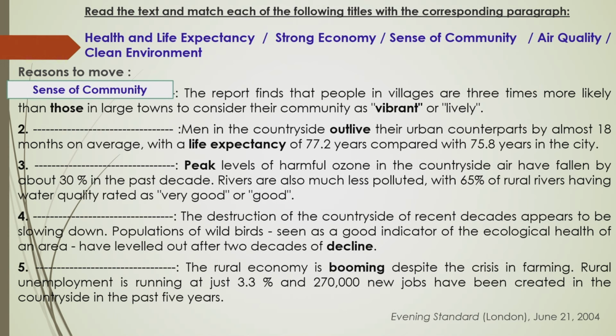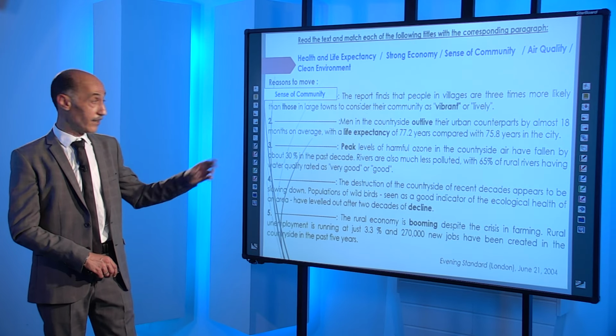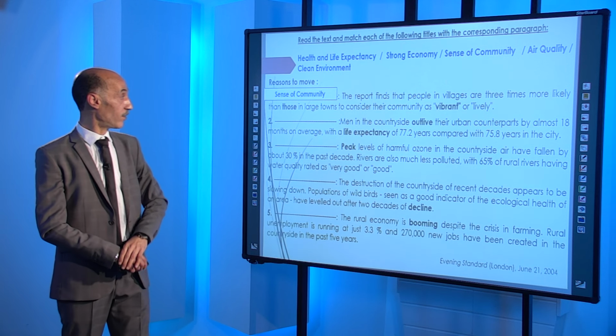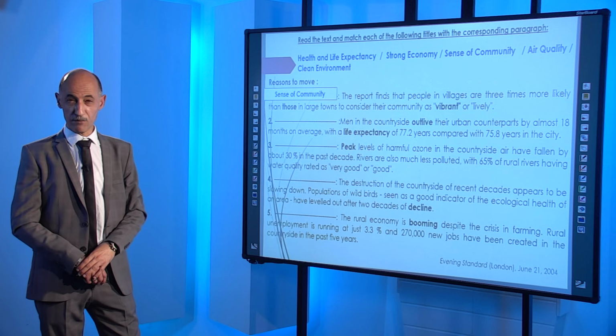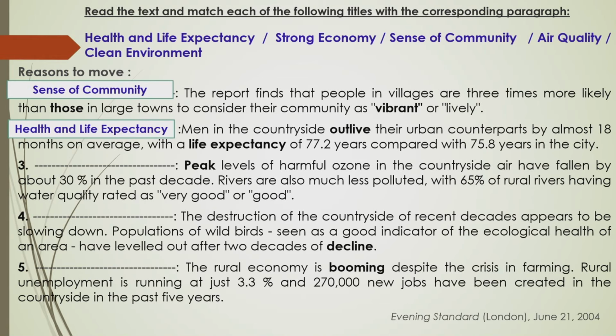When it comes to the second paragraph, we'll also focus on some key words, like the verb to outlive. The verb to live is there, and this life expectancy of 77.2 years. So it's health and life expectancy, which is the main focus in this second paragraph.